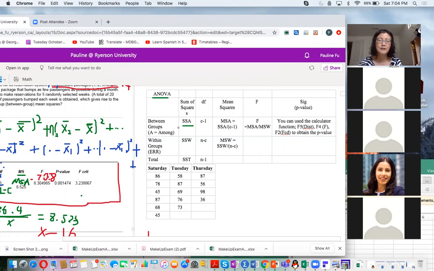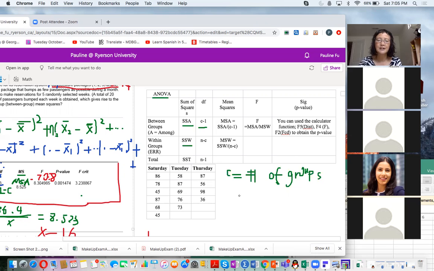The degree of freedom for among group, also called between group, is C minus 1. And what is C? C equals the number of groups. And the degree of freedom for within group is N minus C.